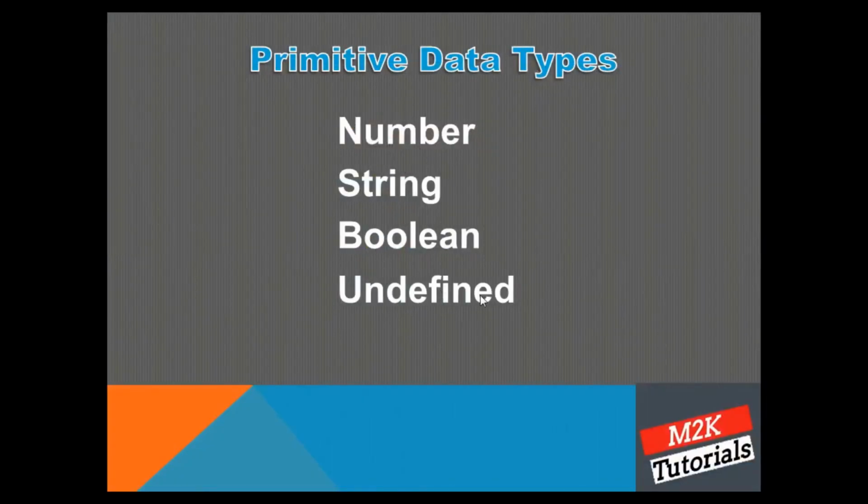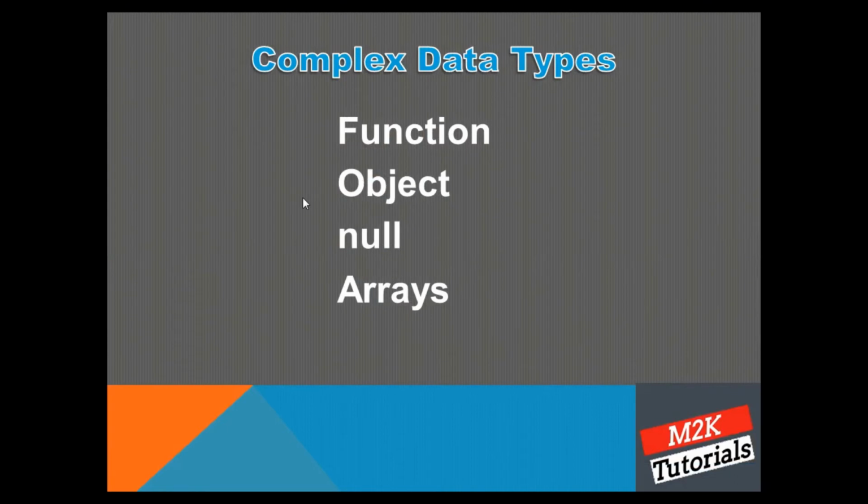Now let me go to the second part, complex data types. Okay, function, object, null and arrays. So these are the data types which are actually inherited from object itself. So all of these data types, if you use the typeof operator and check the output, will return object.